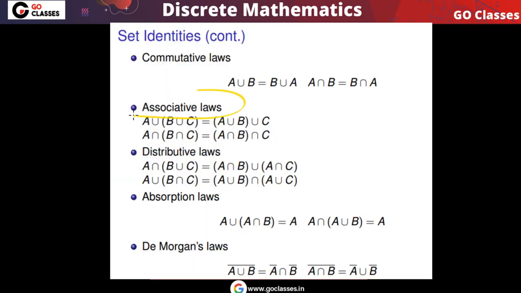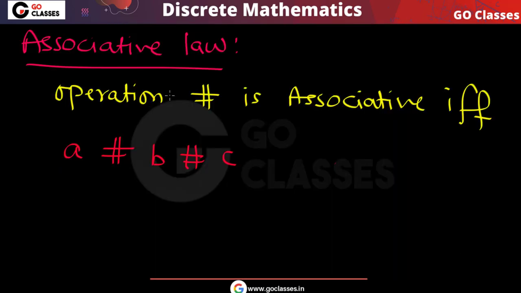Next is associative law. What is this associative property? This is the definition of associative law.